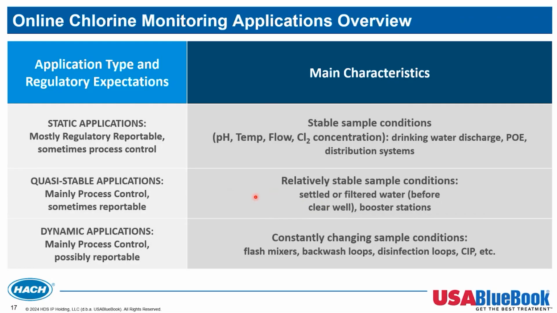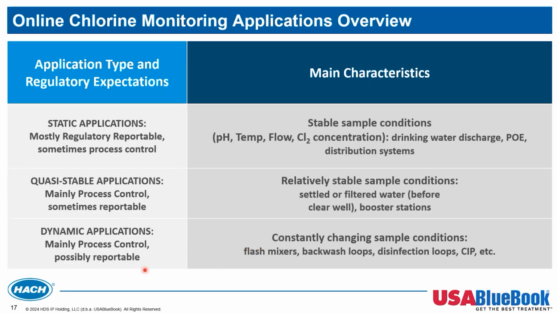Sometimes it changes fast enough, when you feed the chlorine after the CFE into the clear well, and before the contact time is achieved and everything is settled in the clear well and the finished water, the concentration may still be dynamic. And then there are dynamic applications. There are constantly changing sample conditions due to the nature of the process and water sample, at a flash mixer, backwash loops, disinfection loops, CIP, you name it.